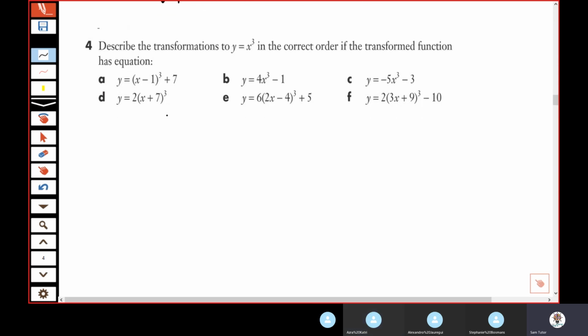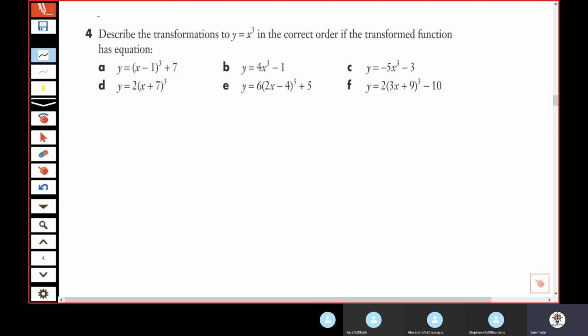Okay. So describe the transformations from y equals x cubed to y equals (x minus 1) cubed plus 7. Take your time, think about what I was just saying. Okay, it's attached to the x. So Steph, the first one, you know it's a translation and not a dilation.